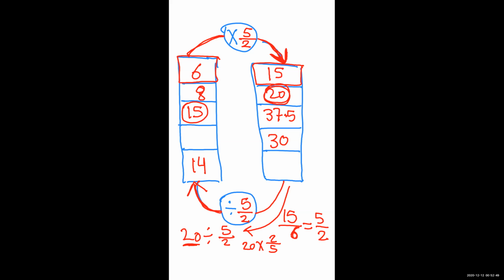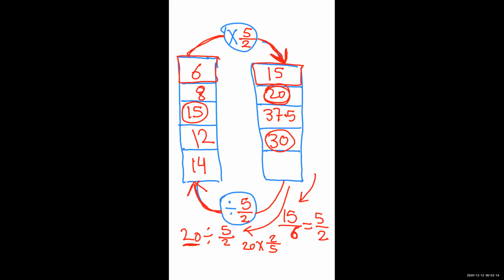Then now 30. This one is multiplied or divided. Actually, it will be divided. So 30 divided by 5 over 2. So this means 30 multiplied by 2 over 5. So 30 times 2 means 60 over 5. So 12. Yes, exactly.